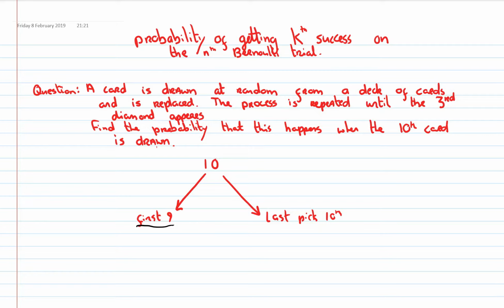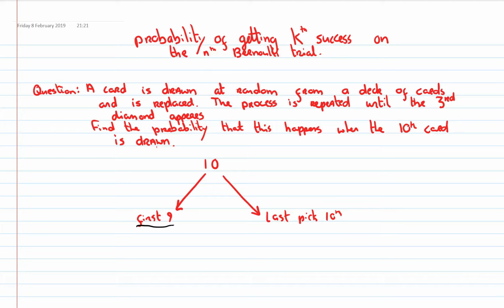Think about it logically: if we need to get our 3rd diamond on the 10th pick, then we're going to have 2 diamonds in the first 9. So that's why I divided it into the first 9 and the last one.